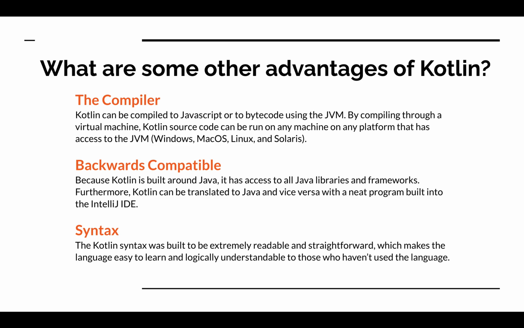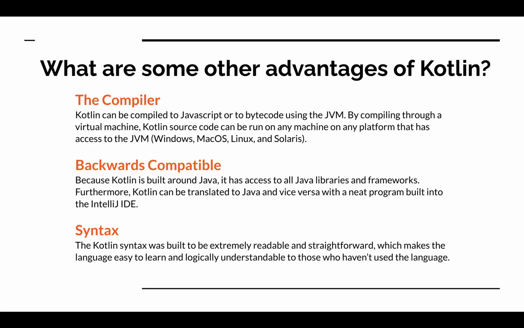So let's look at some other advantages of Kotlin here. The compiler is incredible. Kotlin can be compiled to JavaScript or directly to bytecode using the Java virtual machine. By compiling through a virtual machine, Kotlin source code can be run on any platform that has access to the Java virtual machine, which, when it boils down to it, is pretty much every relevant platform that you're seeing today.